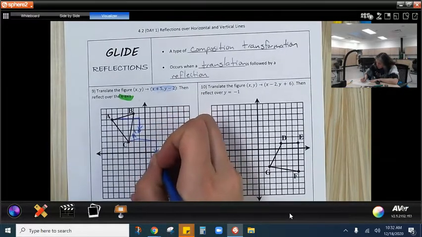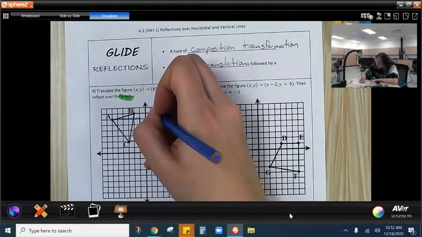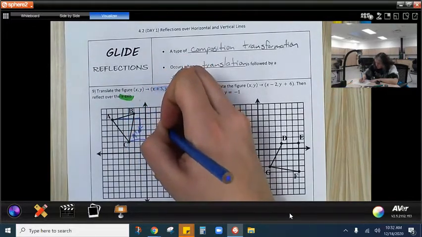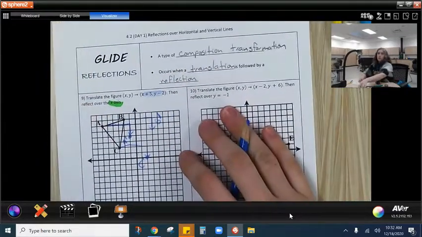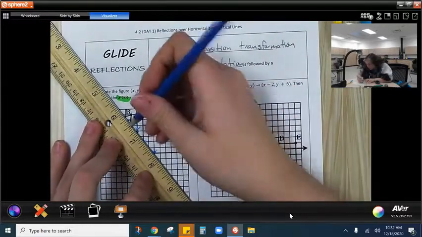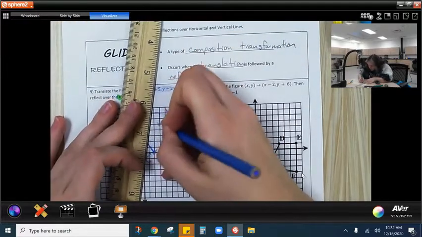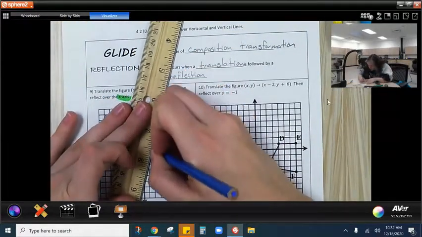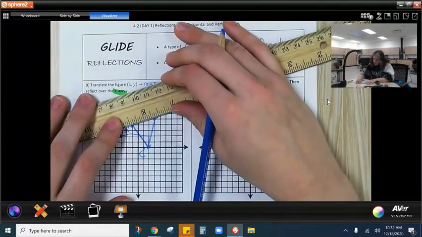This is C prime, and then 1, 2, 3, 4, 5, 1, 2, and here is B prime. I'm going to use a ruler to draw my new triangle, and we can see that this is the same.